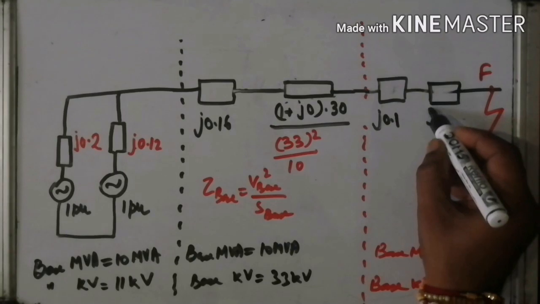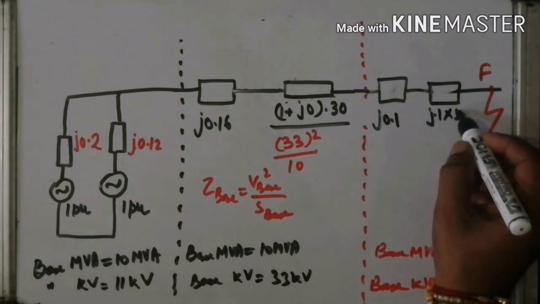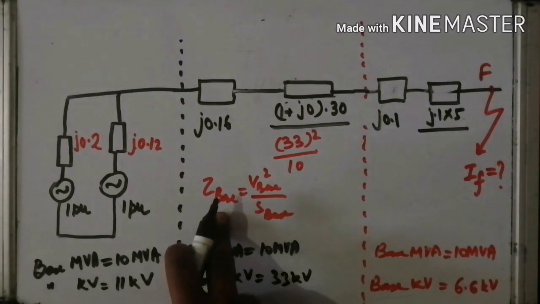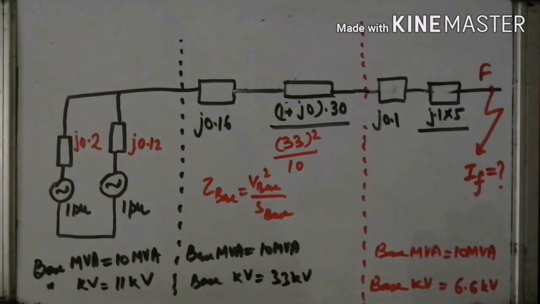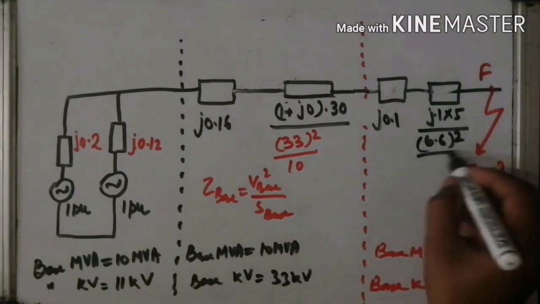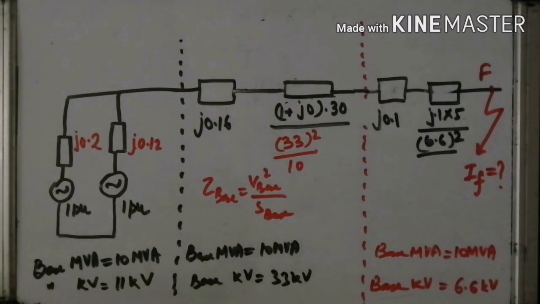It is J1 into 5 kilometer divided by Z base. Z base is B base square, that is 6.6 whole square divided by 10.